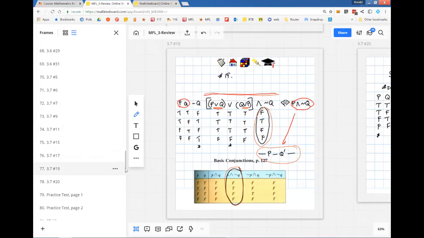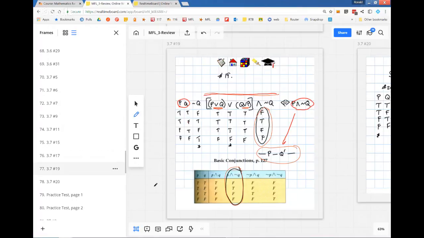If-then: only false when the first is true and the second is false. And the biconditional: only true when they're alike. Oh, and then I missed one, the one that's not in the book, the exclusive or. Only true when they're different. So anyway, there's the rules.